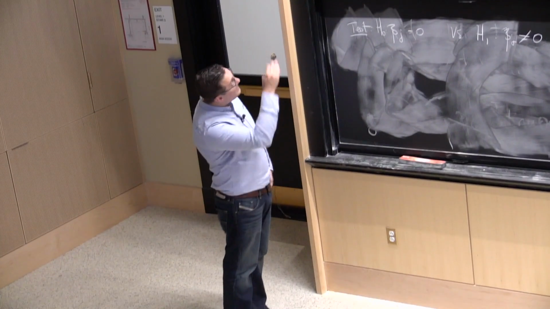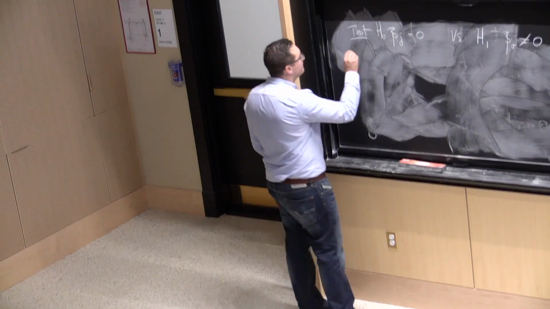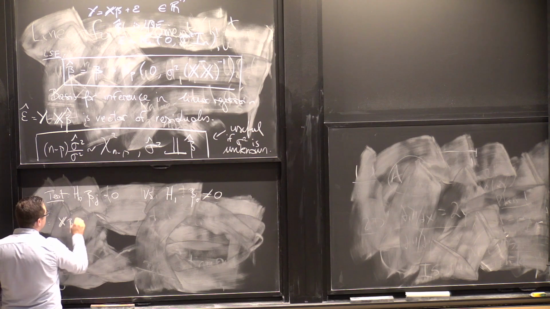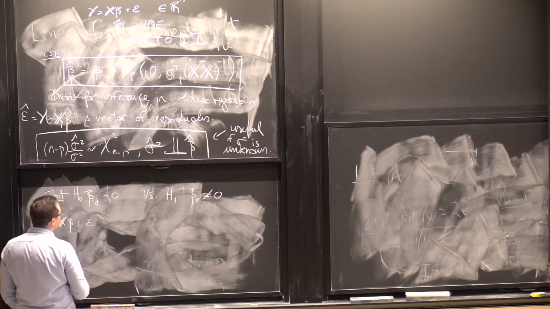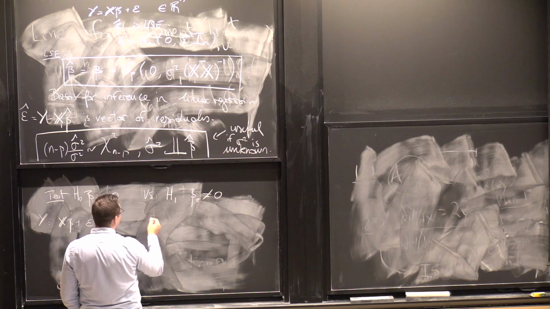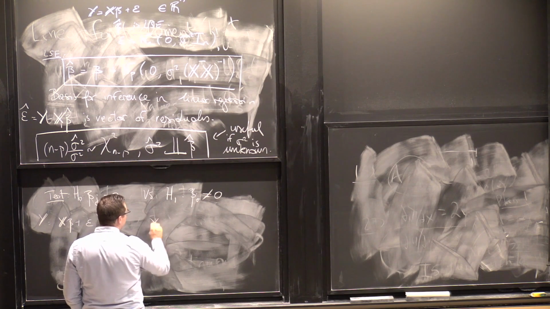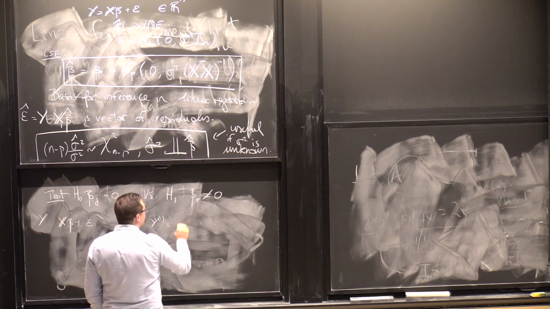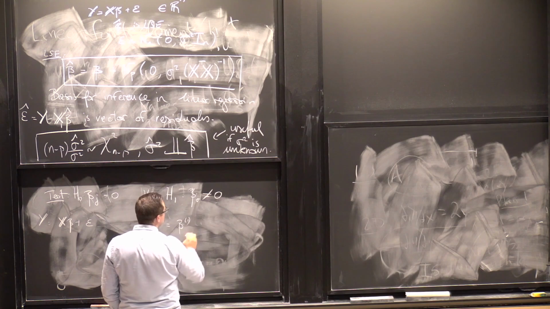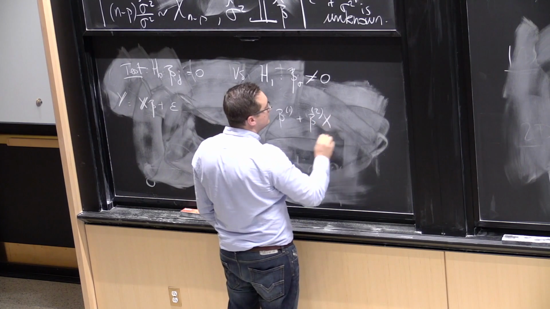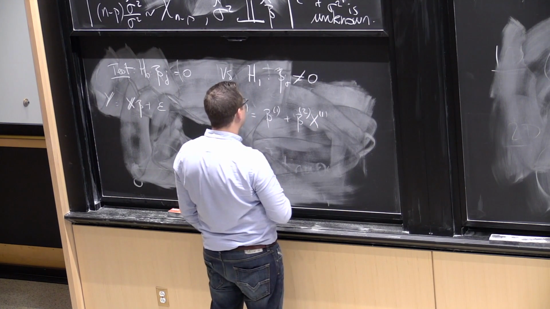OK, so why would I want to do this test? Well, if I expand this thing where y is equal to x beta plus epsilon, what happens if I look, for example, at the first coordinate? Well, that's actually complicated.